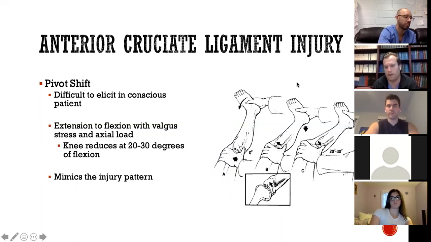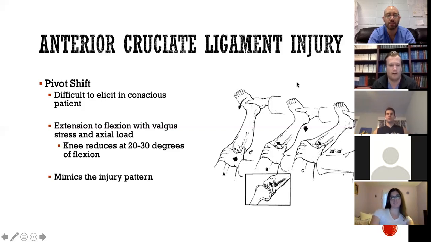As you reach about 20 to 30 degrees, the vector of the IT band, particularly if you think about where Gerdy's tubercle is laterally, continuing up the thigh, starts to act as a posterior force on the tibia and reduces the tibia underneath the femur. So you'll note that there's a palpable shift and a reduction as the tibia comes from its subluxed to reduced position.